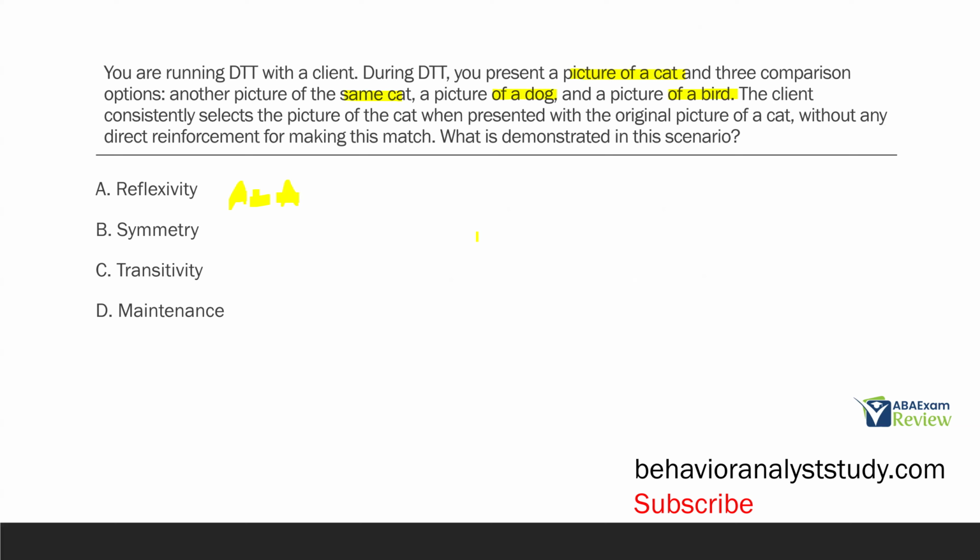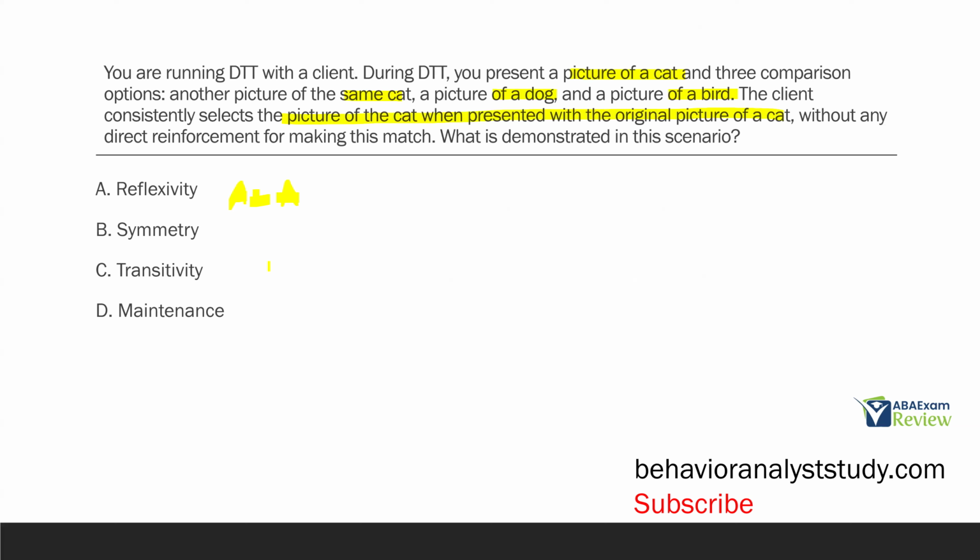That would be A equals A. With symmetry, now we're matching A equals B. So that might be a picture of a cat to the word cat. It's not what we're doing here. The client is picking the picture of the cat when presented with the other picture of a cat, the identical picture. And then transitivity, of course, is the highest level, where you have A equals B, B equals C, therefore A equals C. We're clearly not on that level.